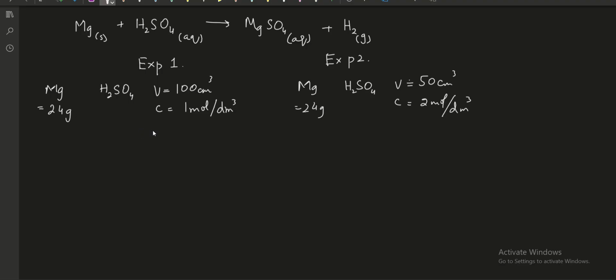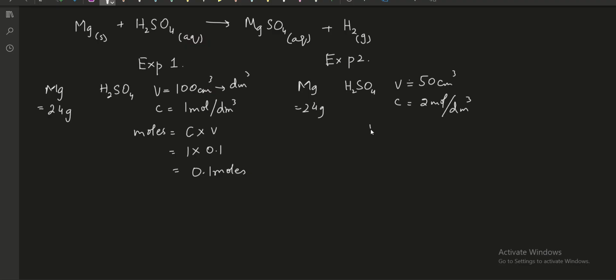Alright, now we can calculate the number of moles of sulfuric acid. The formula is moles equal to concentration multiplied by volume. Concentration is 1 and volume you have to change into decimeter cube, so it will be 0.1. So the answer will be 0.1 moles.